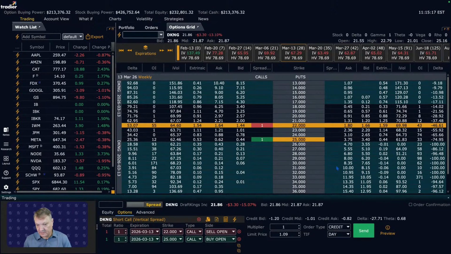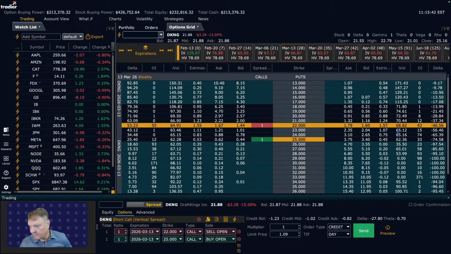109, 2 points wide. And look at this. You're selling 65 vol and you're buying 63. That's 2 vol points. Let's look at the vol down here. So now look at over here on the put side of things. You can see things are out of whack, right?